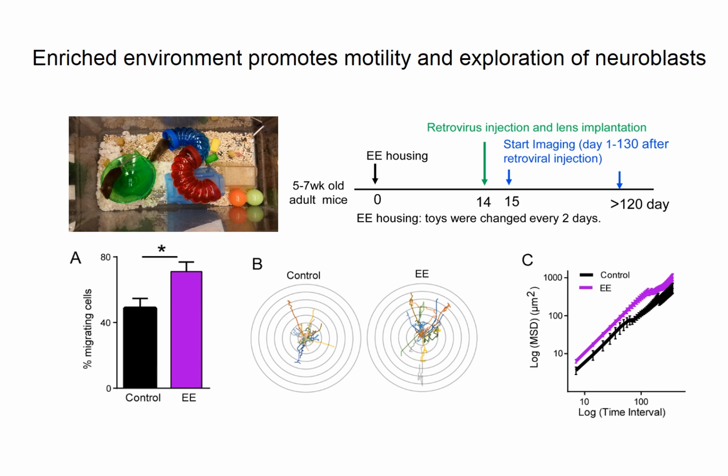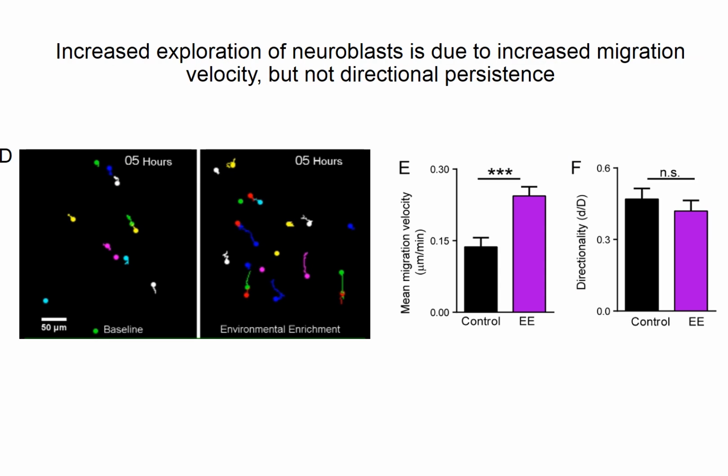So they could move faster, or they could be more persistent. So here, the video I show is a side-by-side comparison of the 2 conditions. Then you can really see enriched environment can increase the cell migration distance and cell migration velocity, but not too much the directional persistence, because under both conditions, cells are still moving randomly.